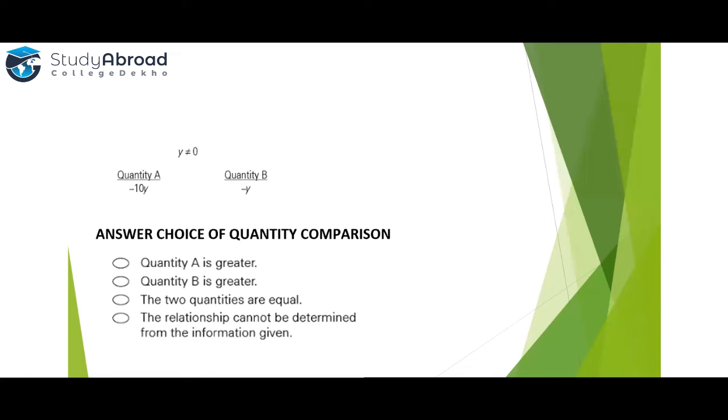Now, if you check your official guide, your mock test, or the actual GRE that you will be giving, for the quantity comparison question, the answer choices always remain the same. That is, the sequence of answer choices and the answer choices are always the same. So you don't have to waste your time always reading the answer choices again and again, right?